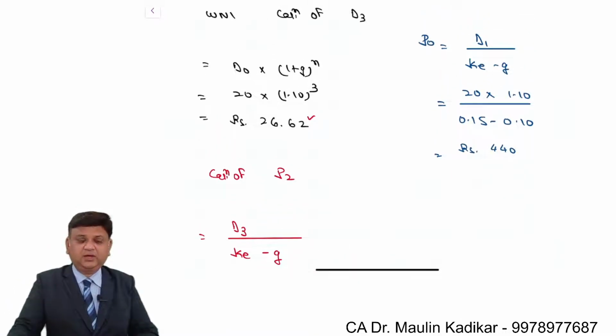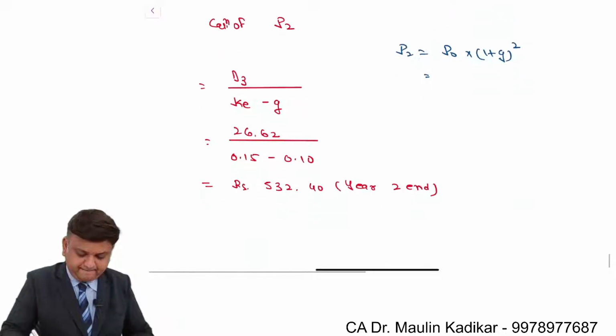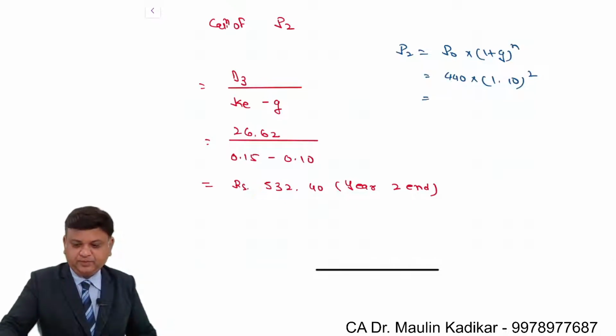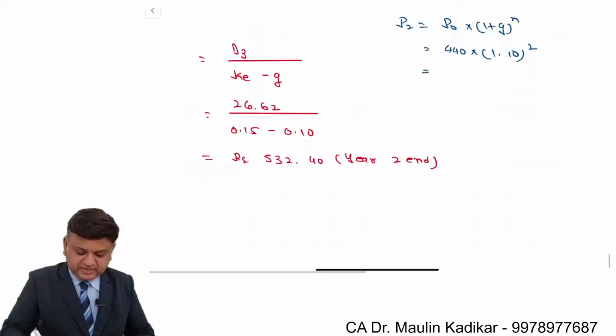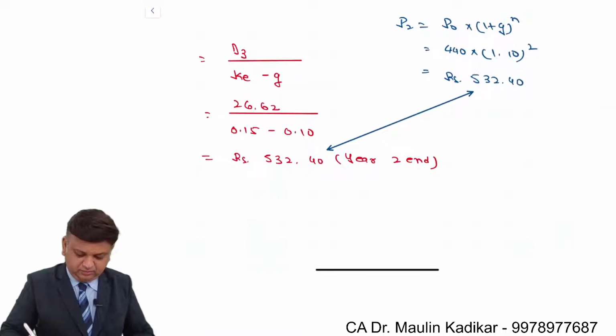That is the way you may compute P0, and after that P2 is equal to P0 into (1 plus G) raised to n, that is 2 years. 440 into 1.10 raised to 2. So the square of 1.1 into 440 is rupees 532.4. That is the way we are required to make the computation of P2.